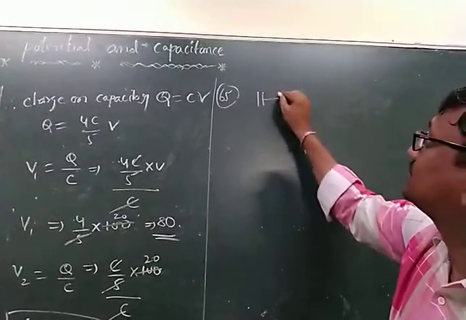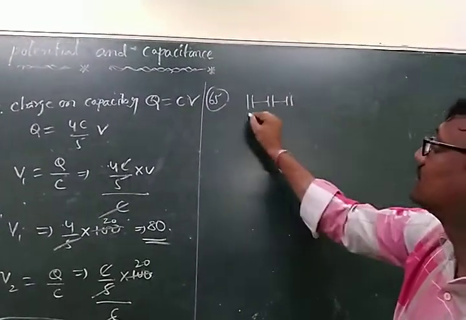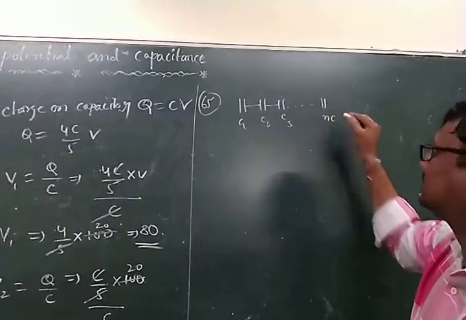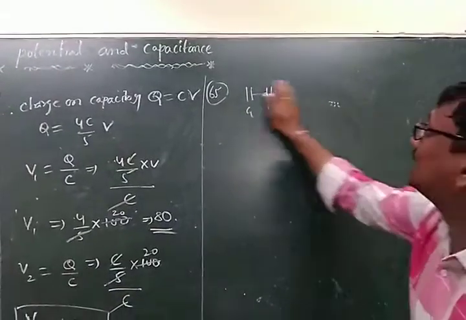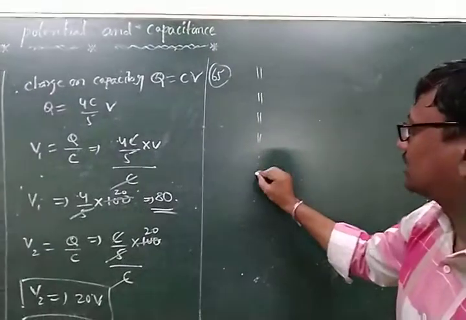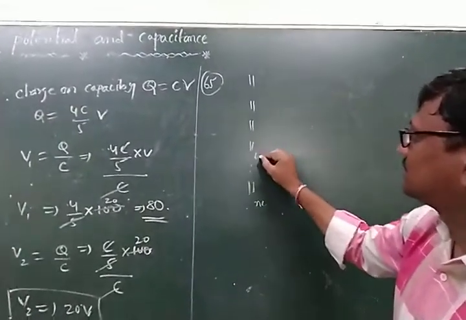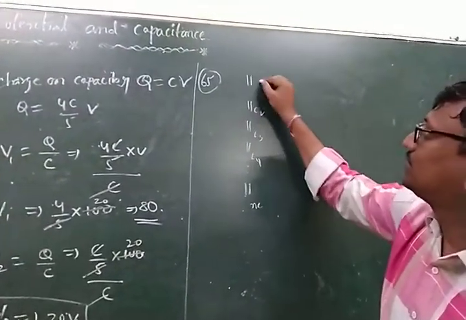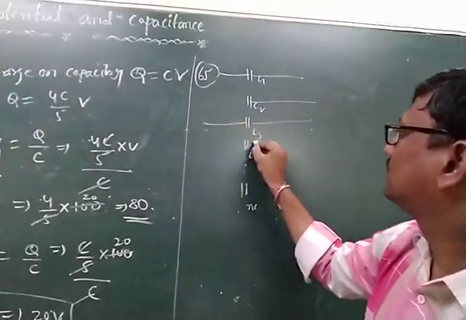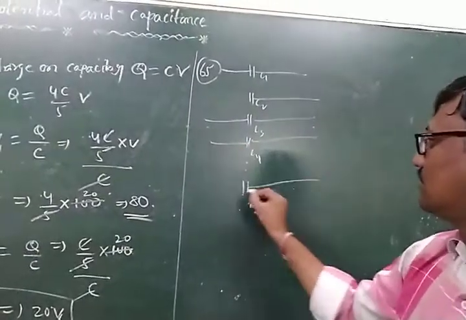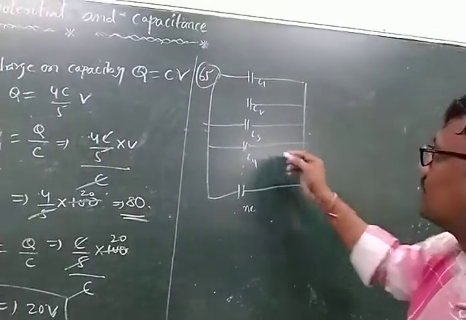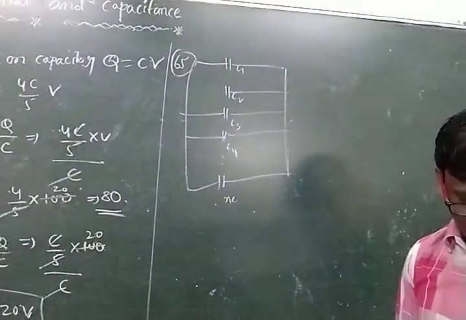So this is the first capacitor, second capacitor, third, C1, C2, C3 and so on up to the nth capacitor. These are connected in a parallel combination.